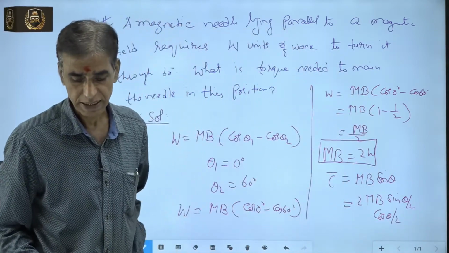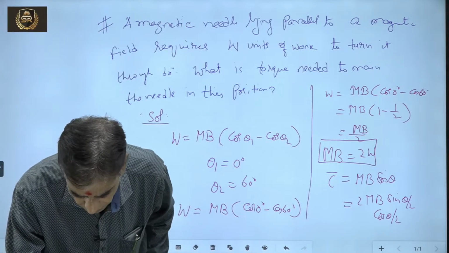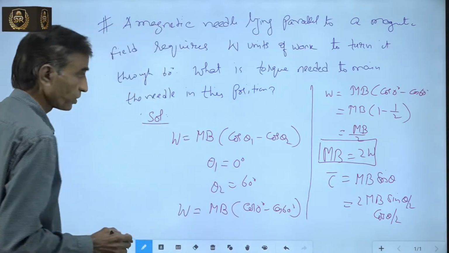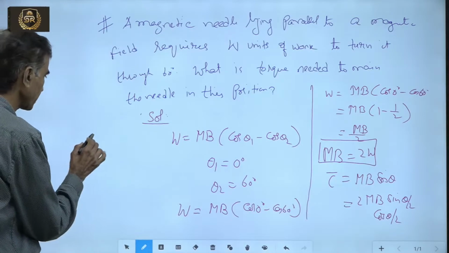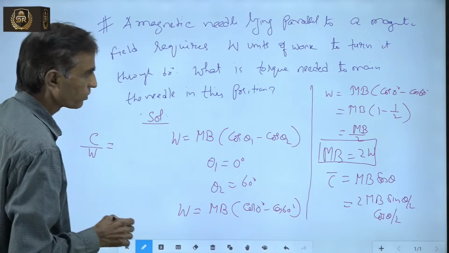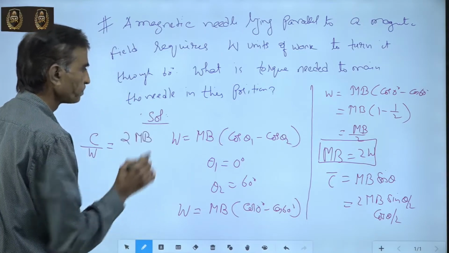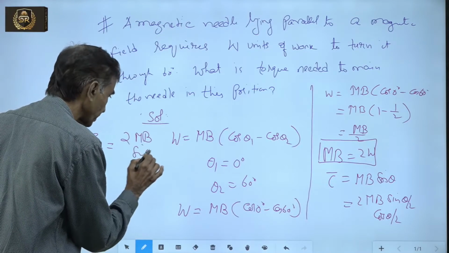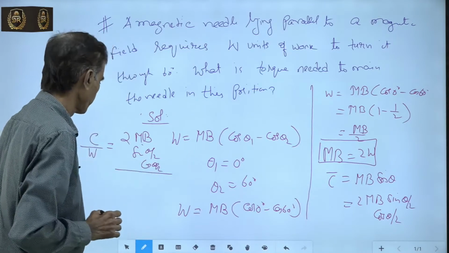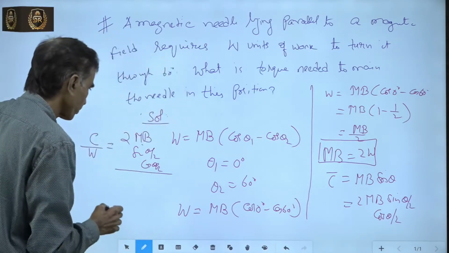We know the theta value. What is the theta value given? Or we can take the ratio also now. So we can take the ratio now. Tau by W equal to 2 MB sin theta by 2 cos theta by 2, divided by W, which we got as MB by 2.